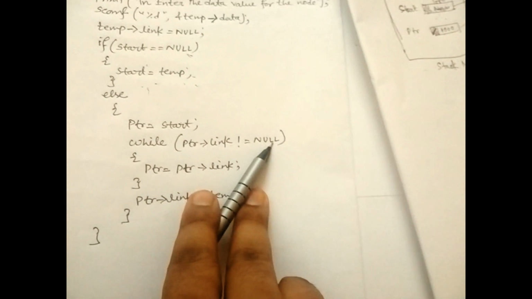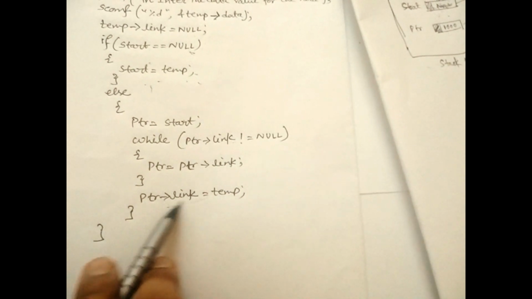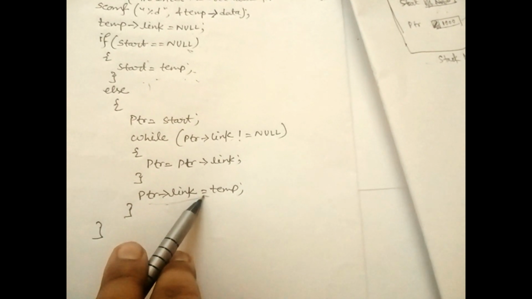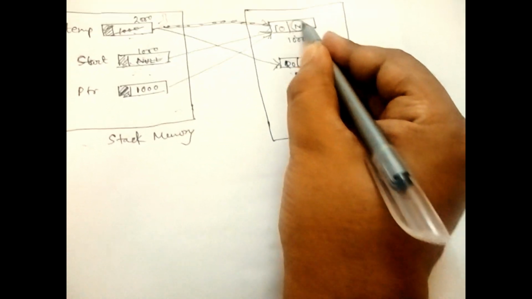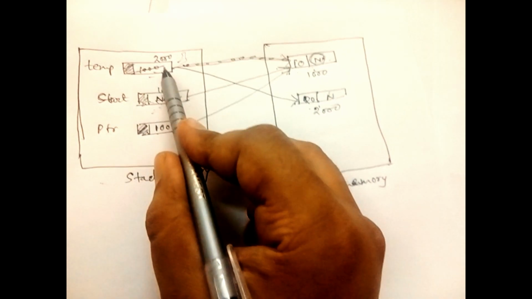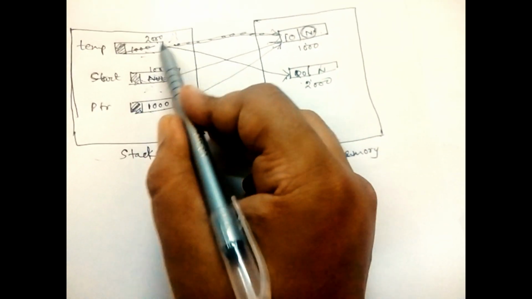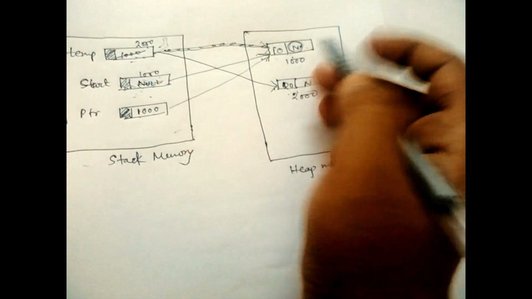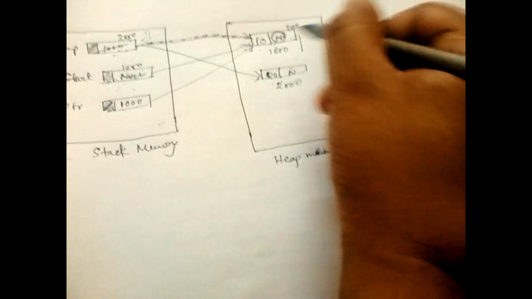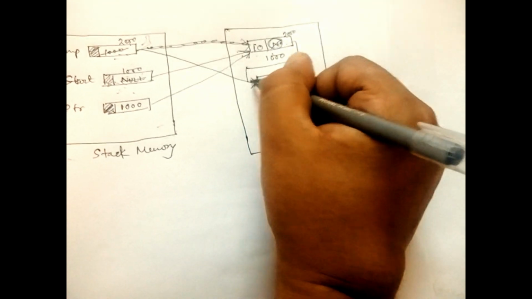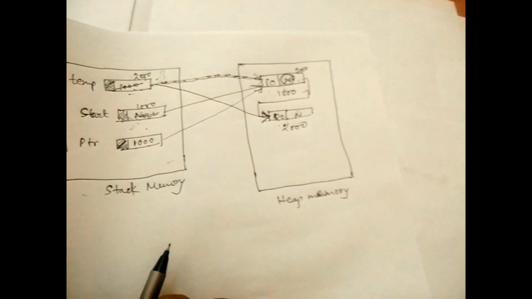So then go to this statement, ptr arrow link equal to temp. That means ptr arrow link means this section and temp equal to 2000. So the value of temp is assigned into ptr arrow link. So now it is 2000 and it points to the second node. Clear?